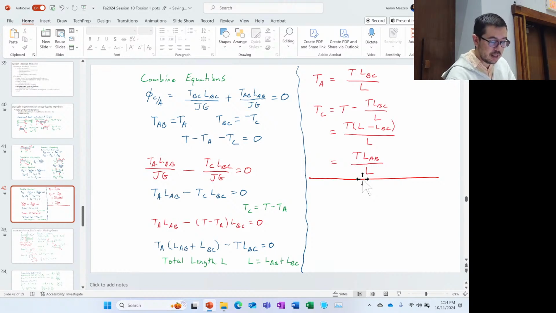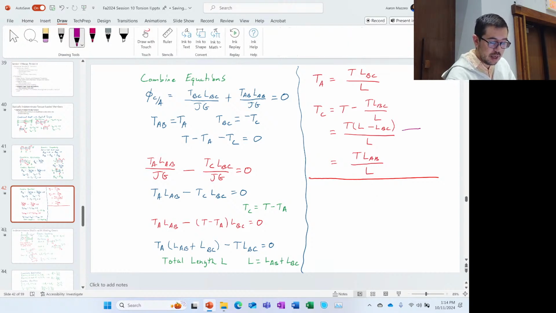If I have these two, like this, and let's say this is LAB over here, and this is LBC over here, and I'm interested in the TC. There's a torque on this side and a torque on this side. You probably haven't seen this before.